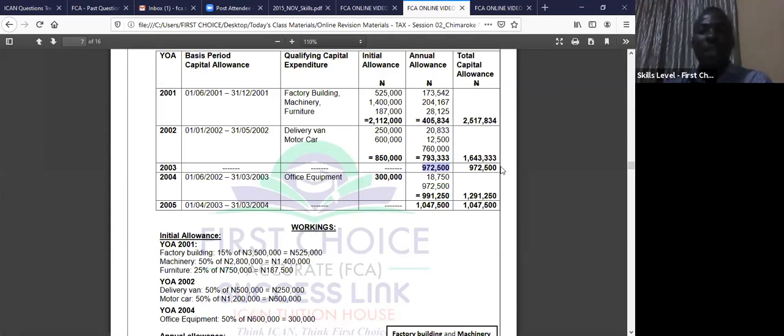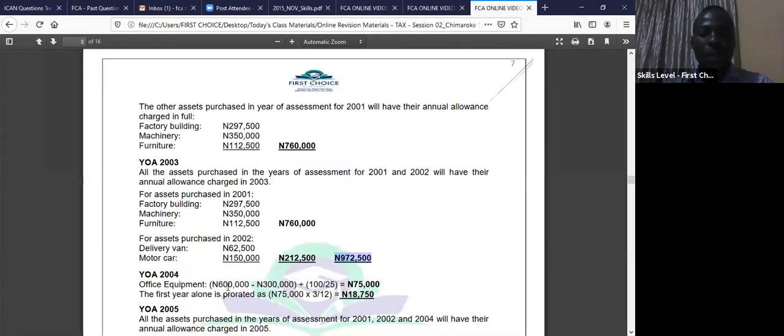Okay, now when we get to equipment in 2004, let's see what we did in 2004. This is the cost of the equipment. Initial allowance of the equipment divided by 4 years is going to be 75,000. But since this is the first year we are using the equipment, we are going to prorate it. How many months was it used?